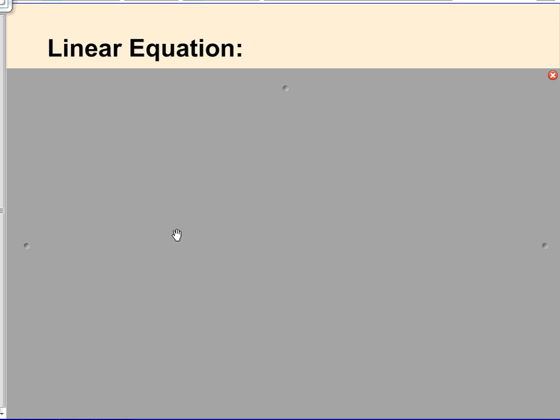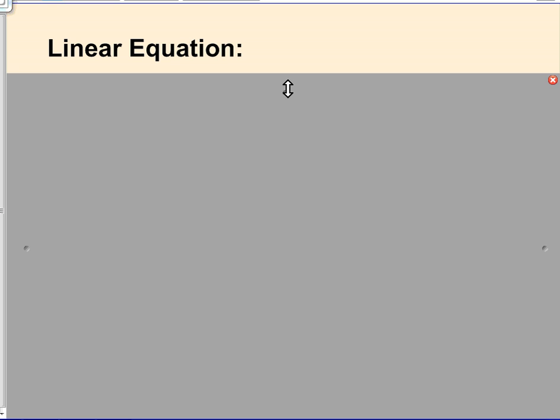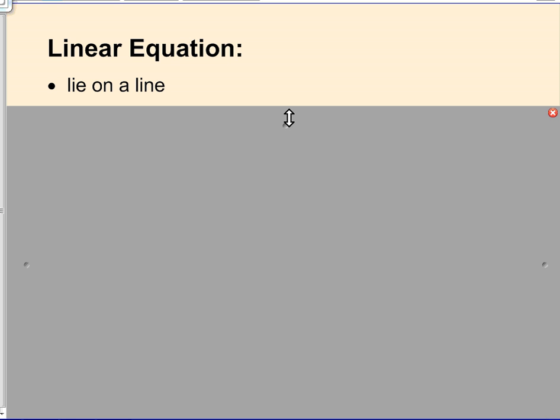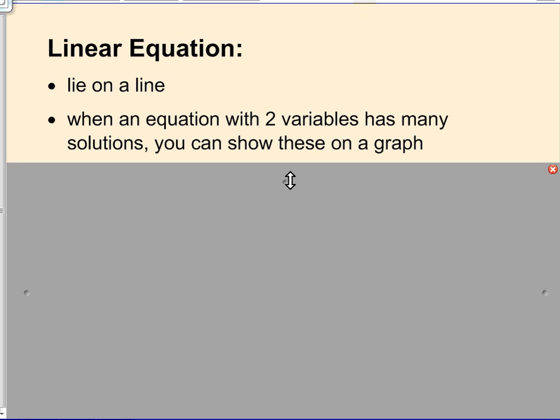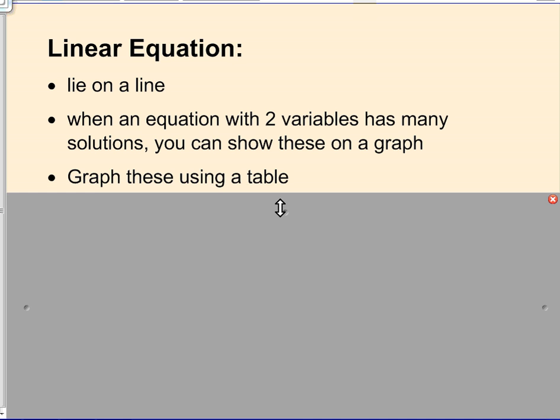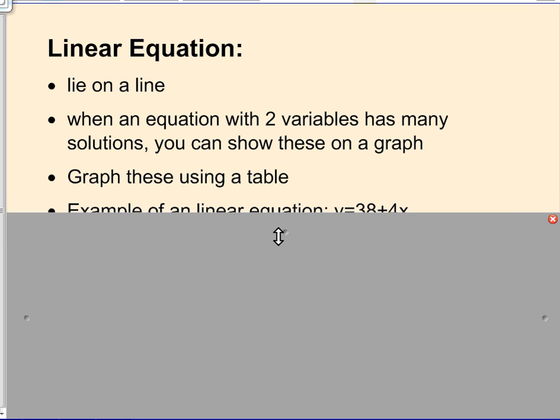And before we start, we're just going to go over the definition of what a linear equation is. There's some different parts. It lies on a line, okay? When an equation with two variables has many solutions, you can show these on a graph. You can graph these using a table.